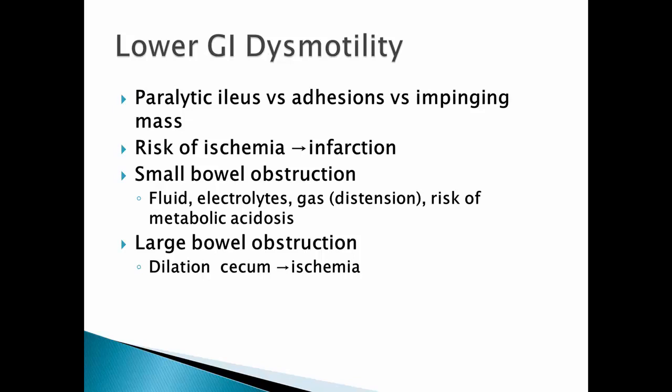So lots of things then to think about when we think about bowel obstruction, not only the obstruction itself, but the effect of those obstructions and the distension of those obstructions on our acid-base balance, as well as leading to ischemia, and how that ischemia then can not only lead to peritonitis, but can also increase capillary permeability and facilitate translocation of bacteria.